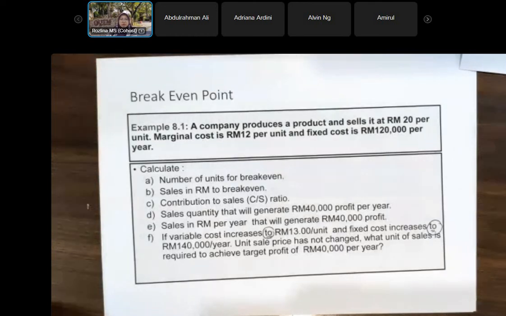The variable cost is 100,000 times 10 cent per unit. So it is 10,000. So the contribution is 3,000. Okay, assume the fixed cost is assigned to the normal production.